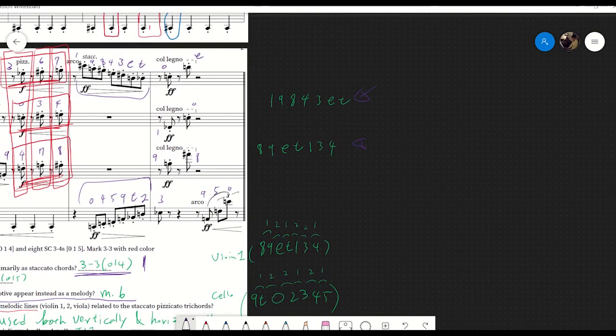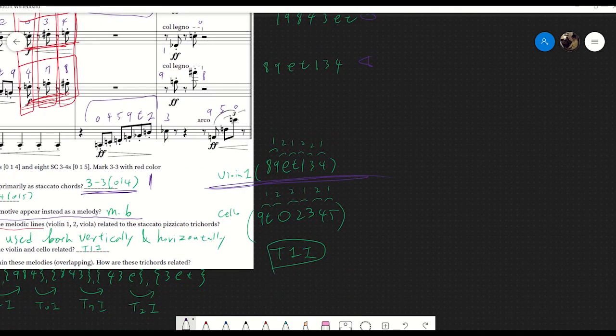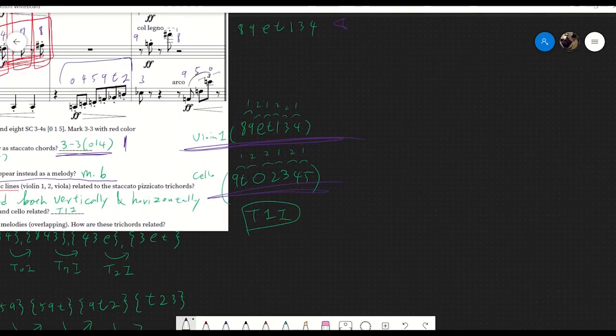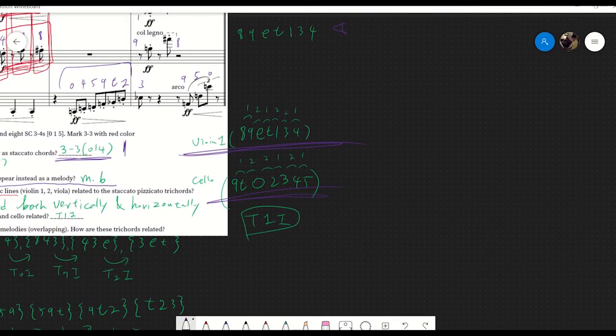This is the notes as they occur, and this is the notes in normal order. After you put them in normal order, you need to find the interval pattern, which is 1 2 1 2 2 1 and 1 2 2 1 2 1. You can see the interval pattern 2 2 1 happens here for the violin melody, and for the cello 1 2 2 1 happens in the front. So you can see that they are inversionally related.